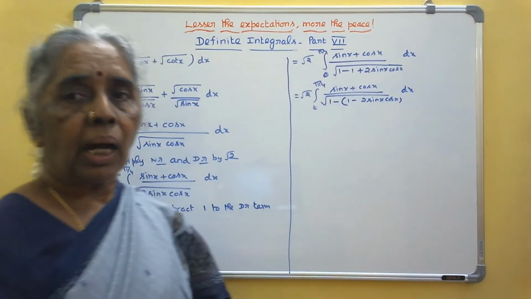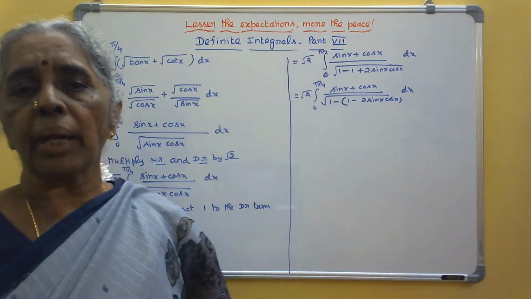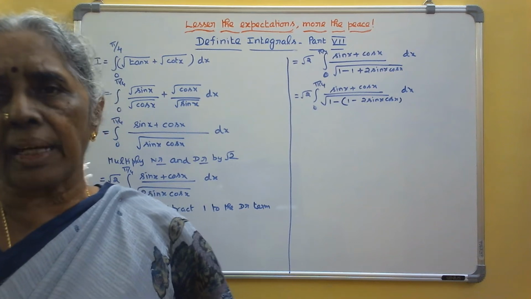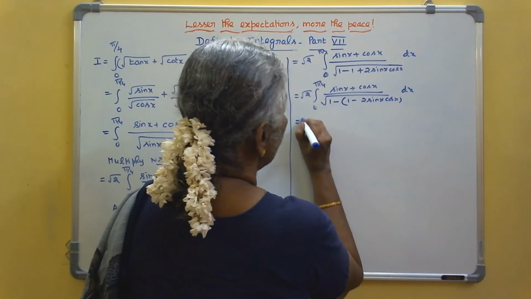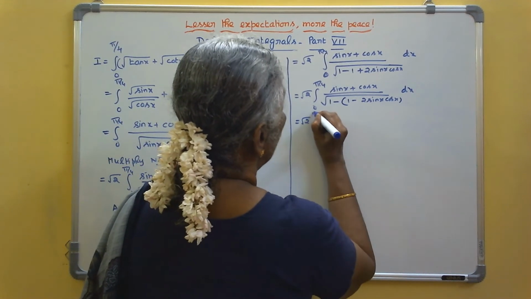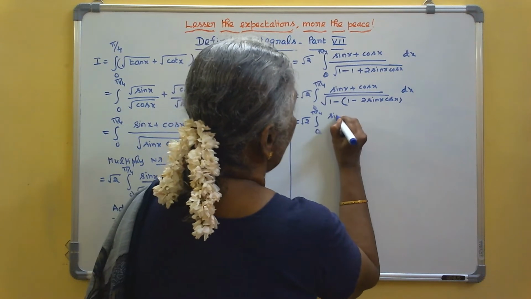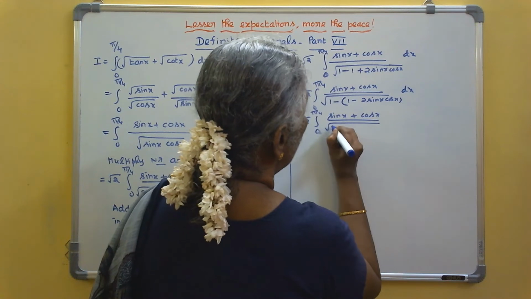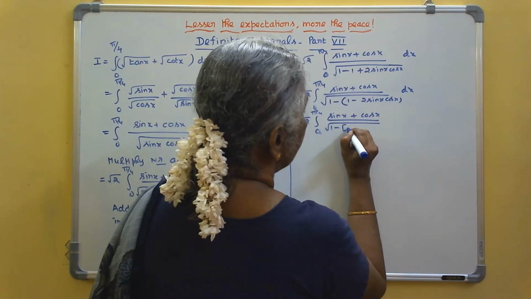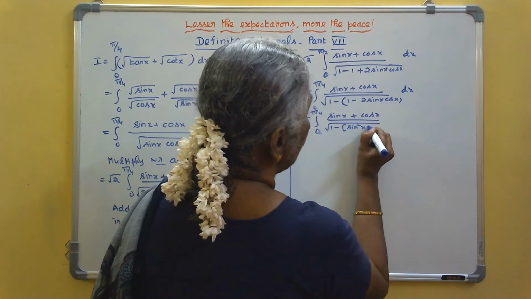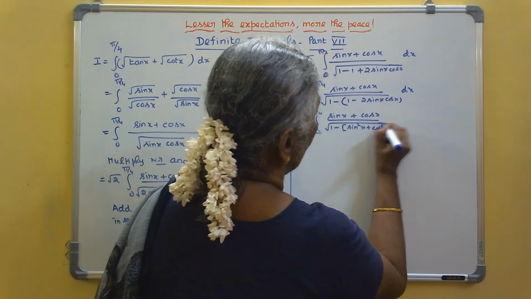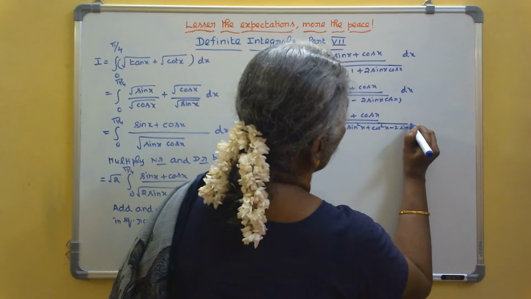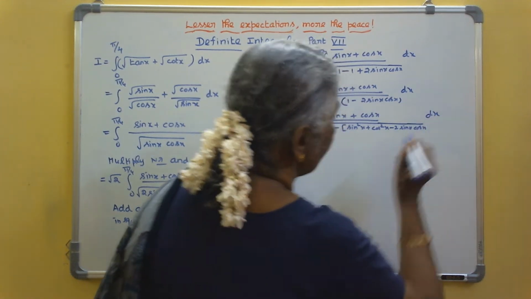Now, this 1 I am going to write as sin squared x plus cos squared x. You know, that's a basic identity. So now you will get root 2 integral 0 to pi by 4 sin x plus cos x by root of 1 minus, this is going to become sin squared x plus cos squared x minus 2 sin x cos x, then dx.